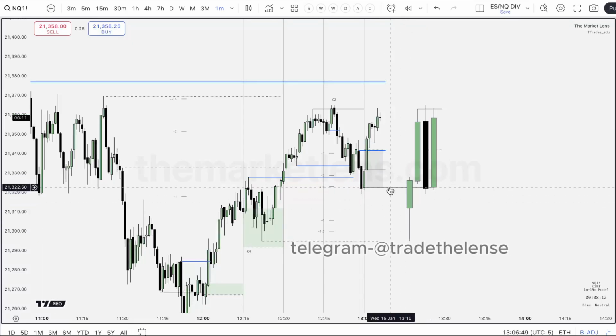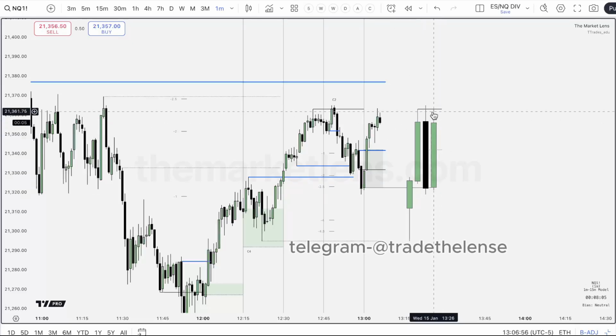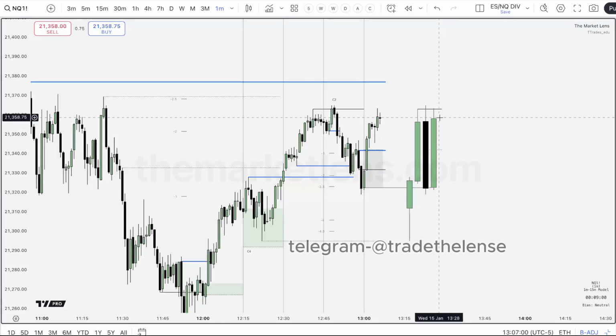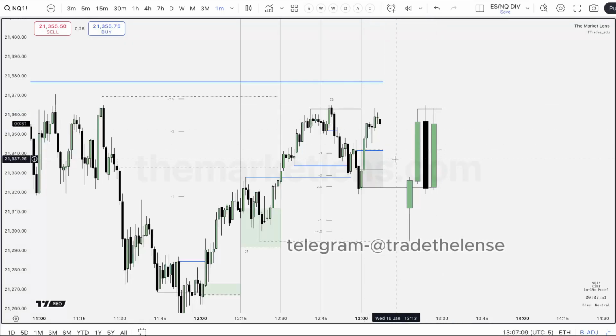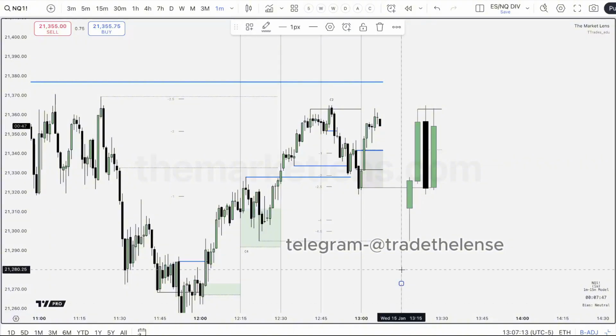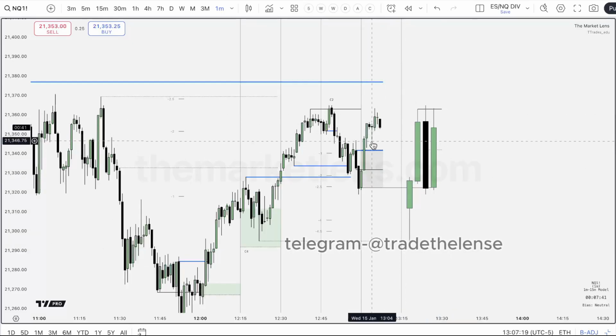But let's just walk through some scenarios. Most likely, this already made quite the range on the 15-minute. So if this is going to consolidate, when would it go and run and make a new range or reach higher? We'd get a new 15-minute candle. So here, I'd want to see... I don't really trust these lows in here.